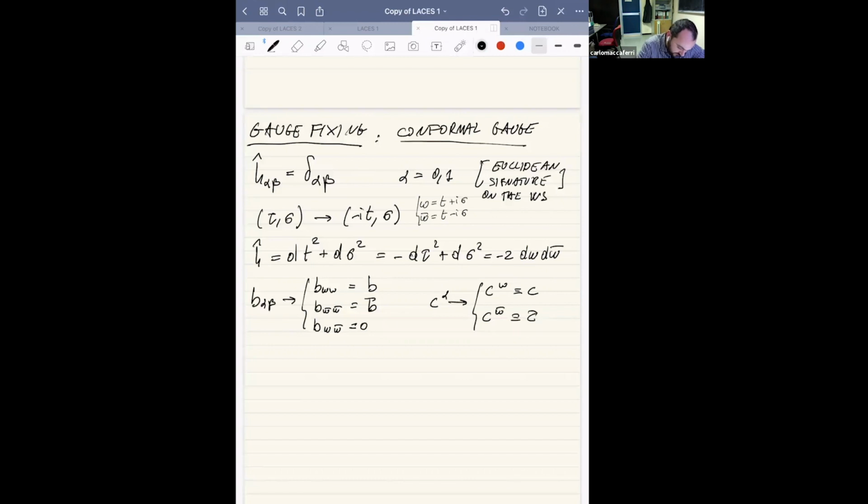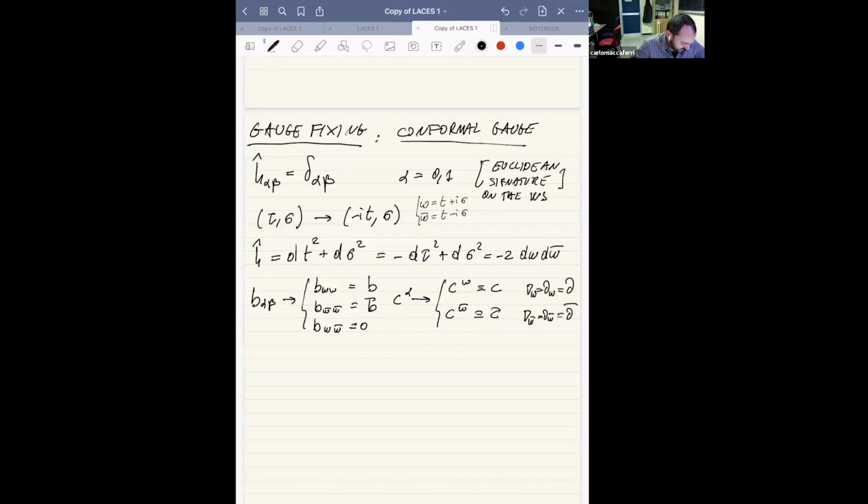And the same I can do for the covariant derivatives. The derivative on w just becomes what I will call del, and the covariant derivative on w bar becomes del bar.